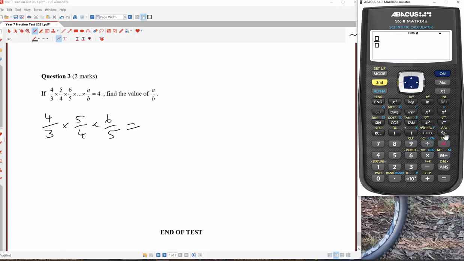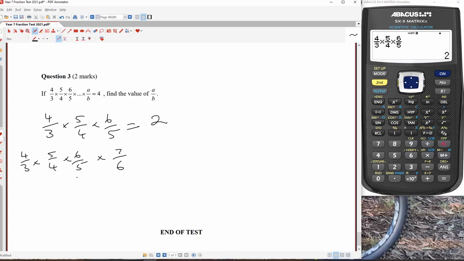So to do that, we'll go 4 on 3 times 5 on 4 times 6 on 5. So that equals 2. Now let's do 4 on 3 times 5 on 4 times 6 on 5 times, let's do the next number in the sequence, which is 7 on 6.